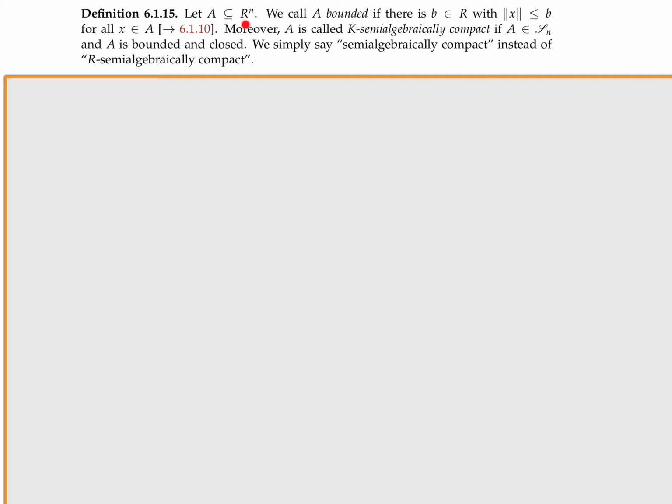So we do it just like you can do it in real numbers, although it's not the same as the topological compactness. So let A be a subset of R^n, where R is this real closed field. We call A bounded if there is some B in R such that the norm of x, that's the 2-norm, and it doesn't matter, you could also take the infinity norm as we saw, is less than or equal to B for all x in A. Good, so in 6.1.10 we had introduced this norm, that's the 2-norm here.